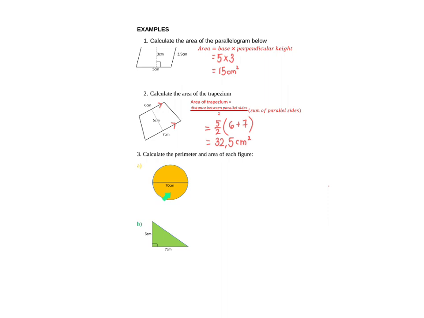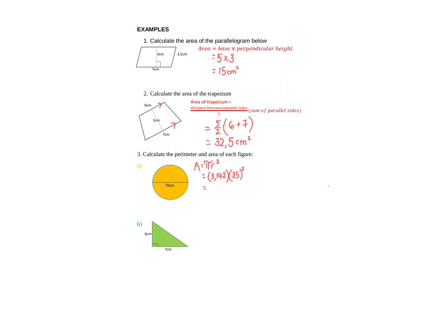Then in the next example, find the perimeter and area of each figure. So for A, the area. Firstly, remember area is calculated by pi r squared, but we've been given the diameter. So you just divide that diameter by 2. Let's replace pi with 3,142 as well, as a standard. So it's 3,142 times the radius squared. If we divide 70 by 2, it gives you 35. And just remember to put the square there.